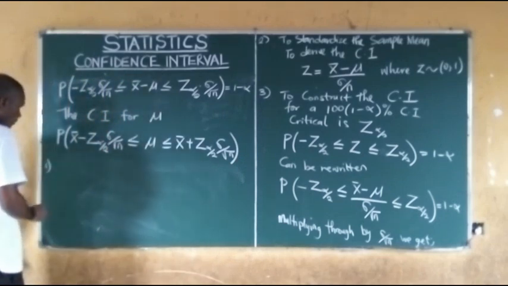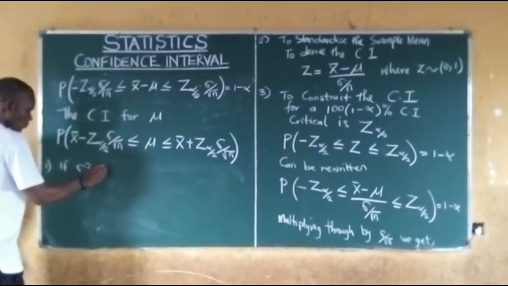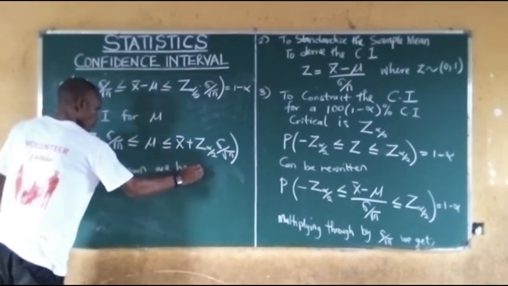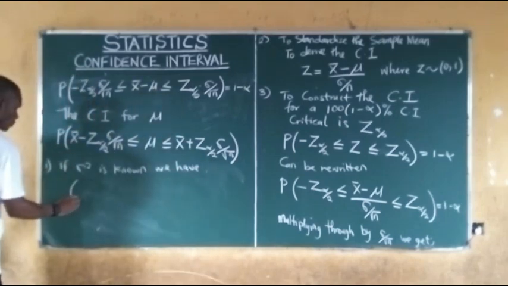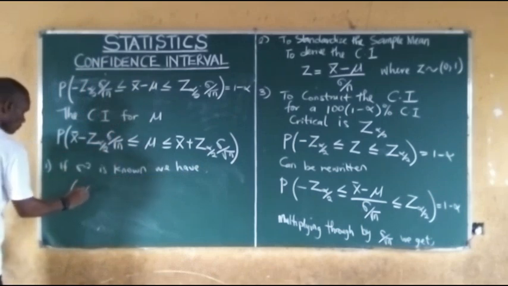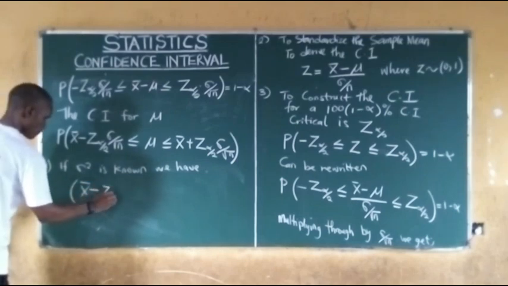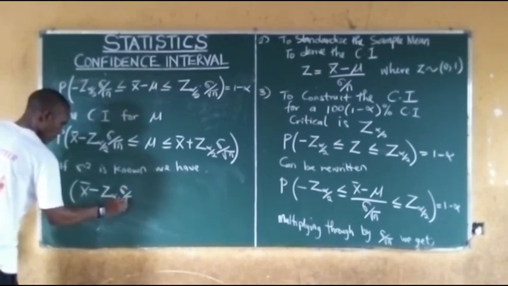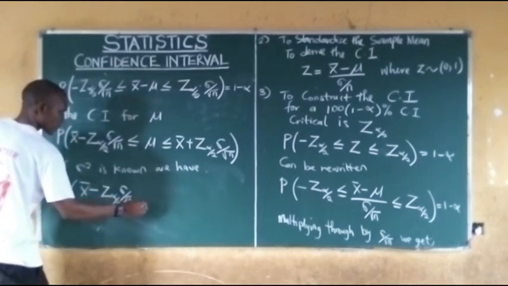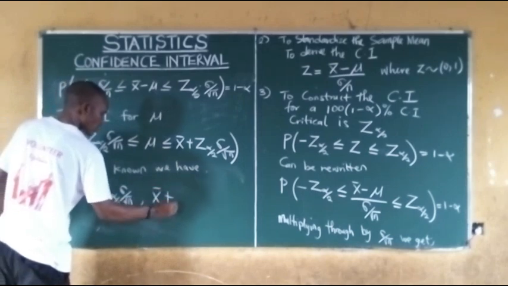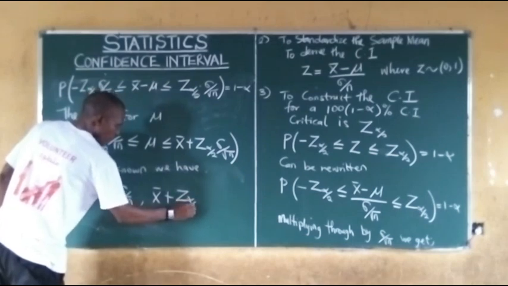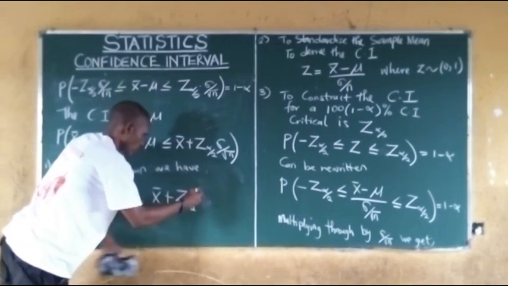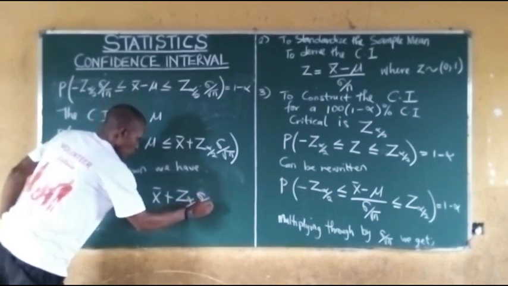That means, if sigma squared is known, our interval is x bar minus z alpha over 2 sigma over square root of n, and x bar plus z alpha over 2 sigma over square root of n.